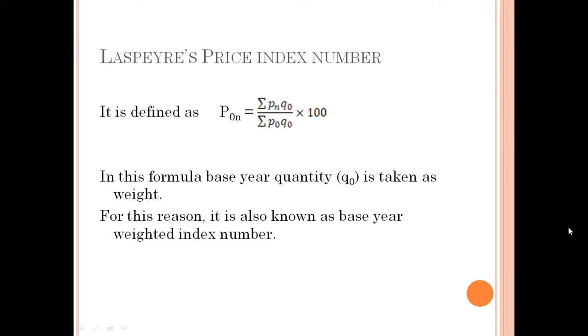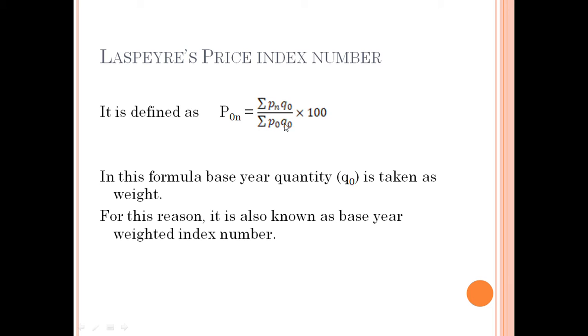It is defined as P naught N. P naught N generally shows the price index number. So Laspeyres price index number is equal to summation Pn into Q naught divided by summation P naught into Q naught.